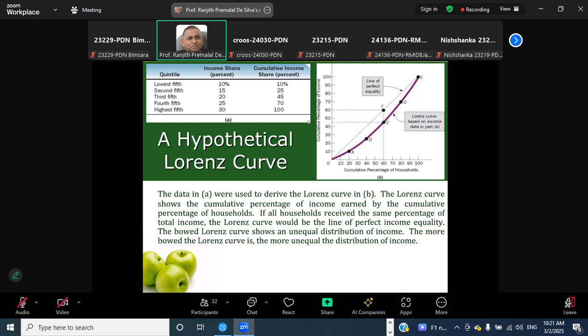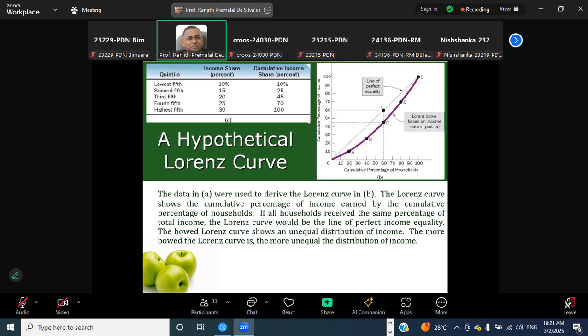So cumulative percentage of households, when it is 20, that is out of 100, 20 versus 10. So it is below the line, right?